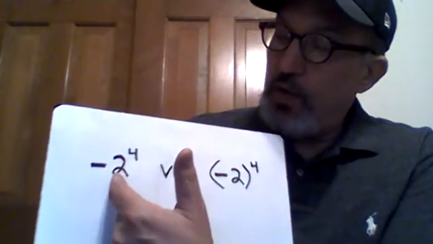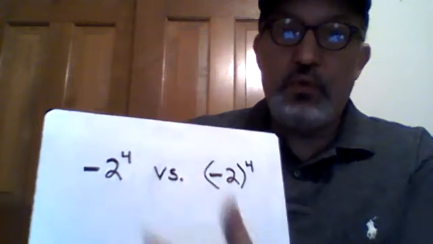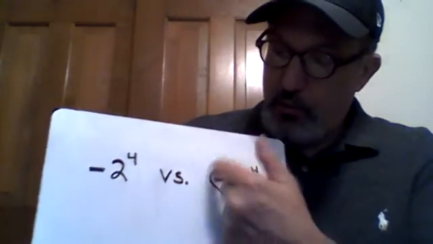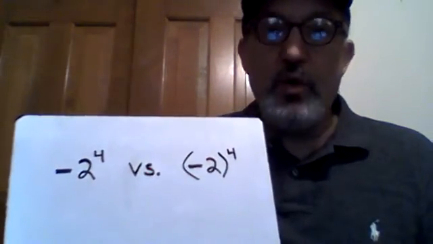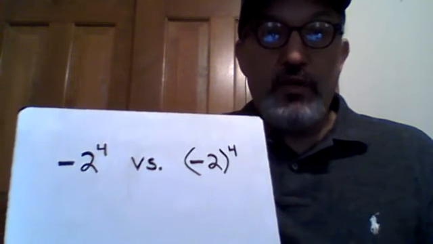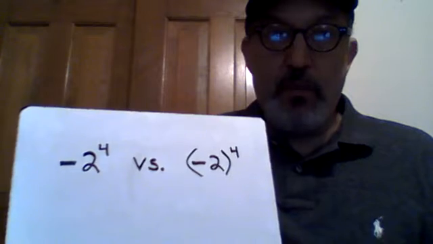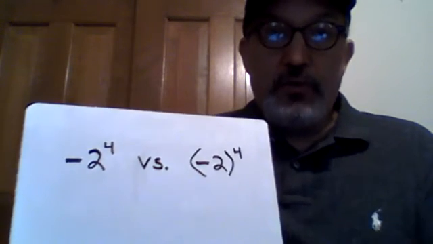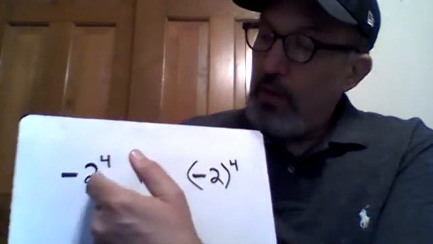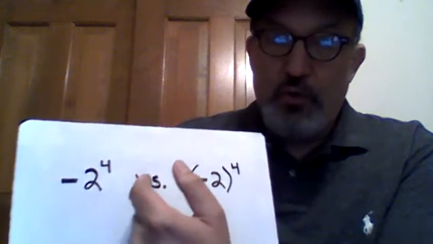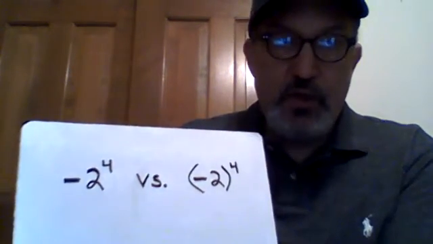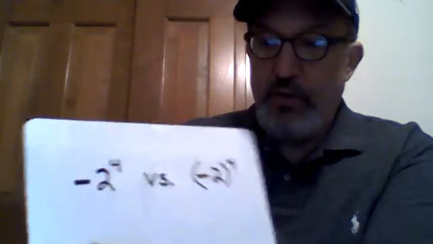This one here we agree to see as the opposite of 2 to the fourth. This one, with the parentheses around the negative 2, we agree to see as the number negative 2 raised to the fourth power. And the two results will be different. Here we raise 2 to the fourth power first and then take its opposite. That's how we agree to see this.